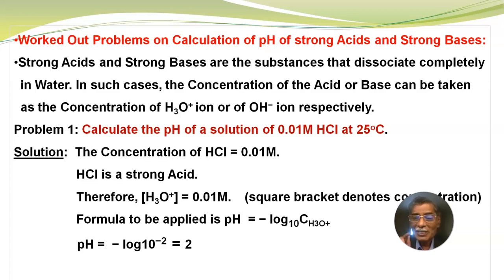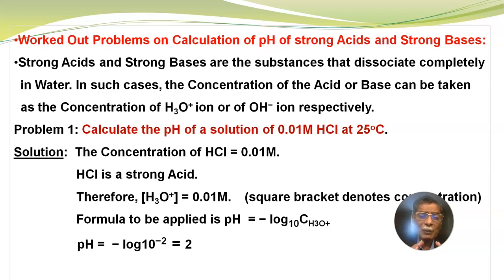Problem 1. Calculate the pH of a solution of 0.01 molar HCl at 25 degrees Celsius. Solution. It is given that the concentration of HCl is equal to 0.01 molar. HCl is a strong acid. Therefore, the concentration of H3O+ ions is equal to 0.01 molar. Square bracket indicates concentration.